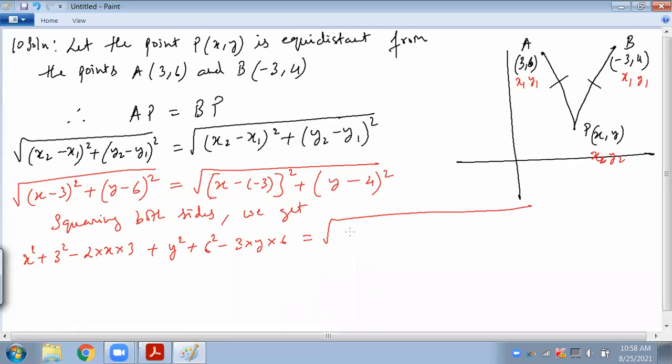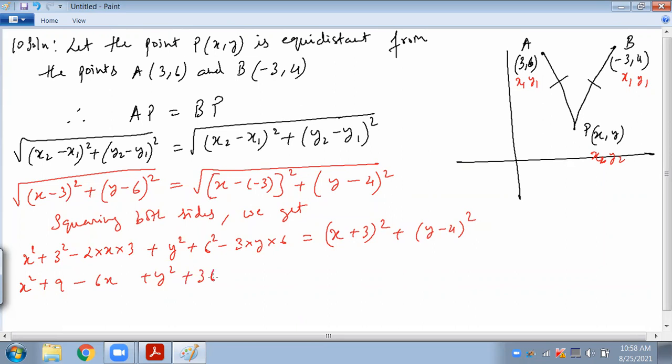Now this one we have to solve. 3 square is 9, minus 2 into 3 is 6x, plus y square plus 6 square is 36 minus 2 into 6 is 12y.